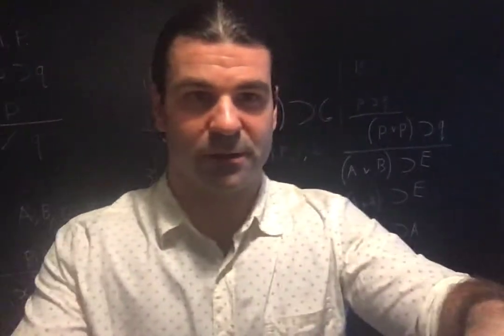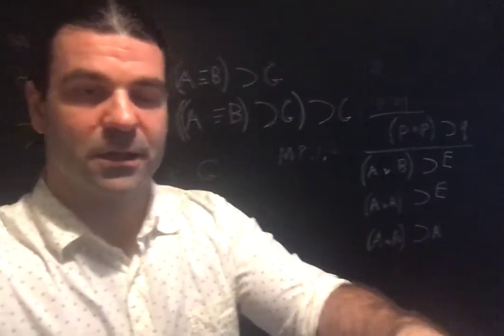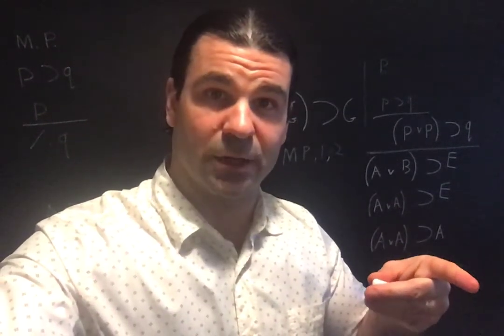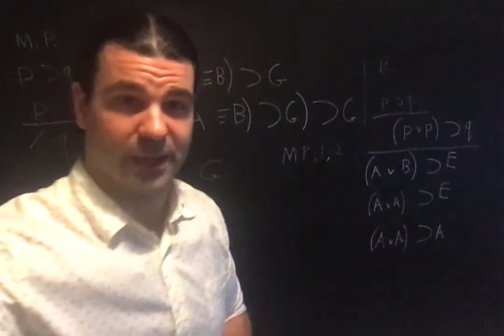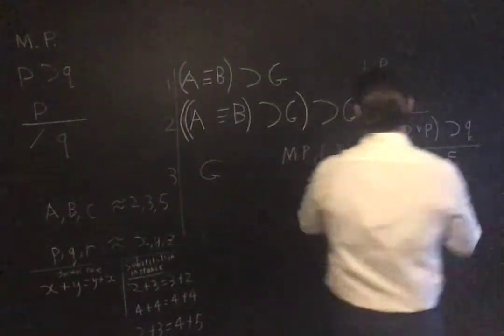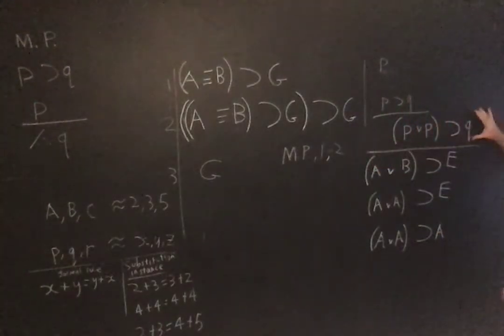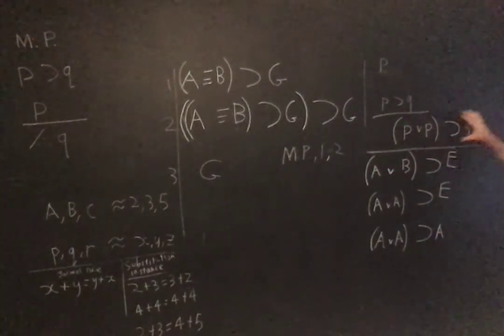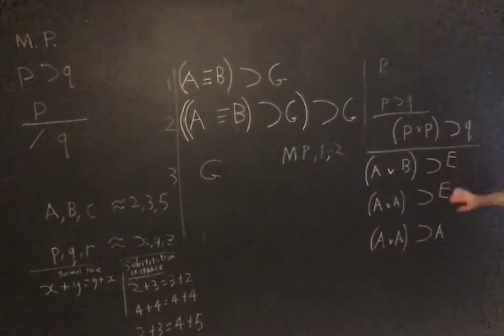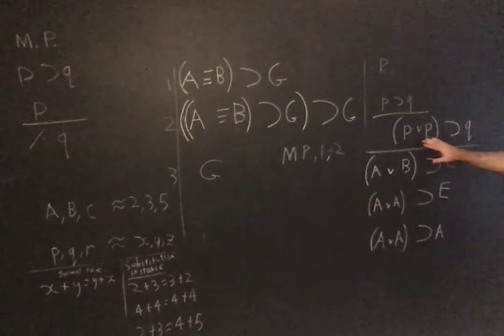Now, let me start over here. Okay. In the next part, I'm going to do a screenshot and go through exercise 1 with you, okay? But this is like exercise 1, where we have a form above the line and particular statements underneath.